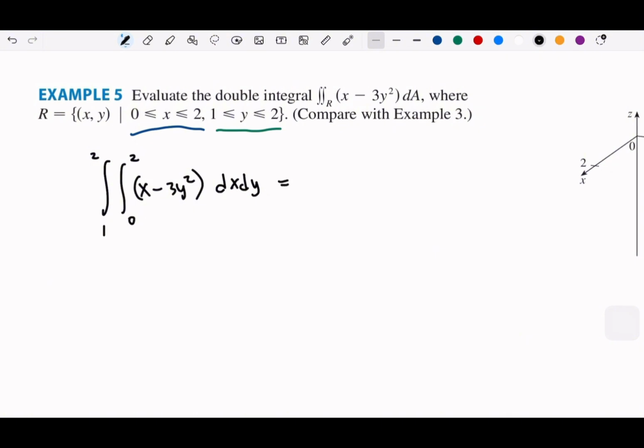So I will integrate with respect to x, so half x squared minus 3xy squared, and plug in 0 and 2, and then we still have dy.